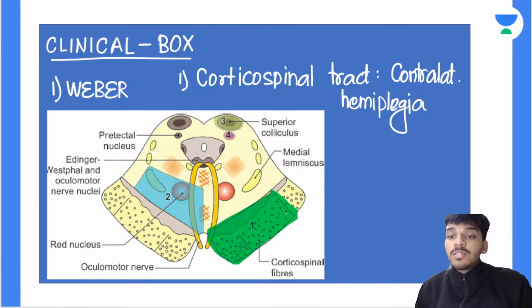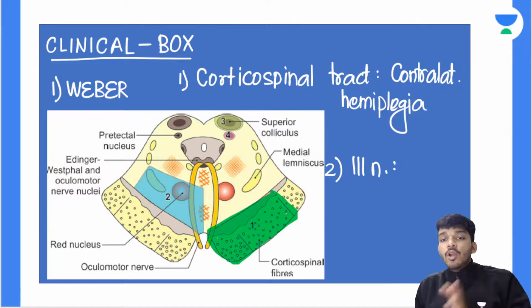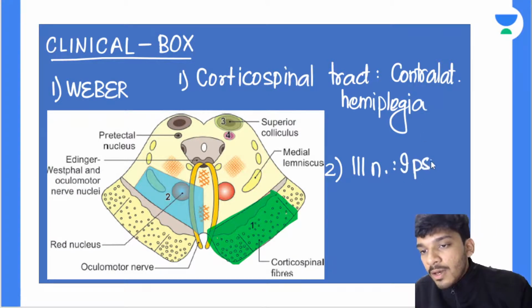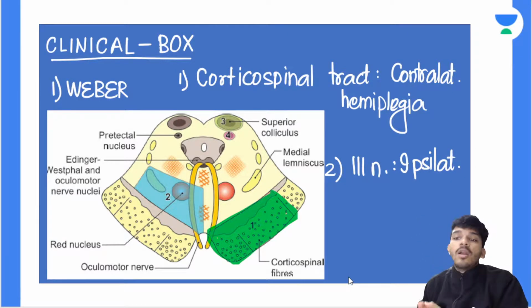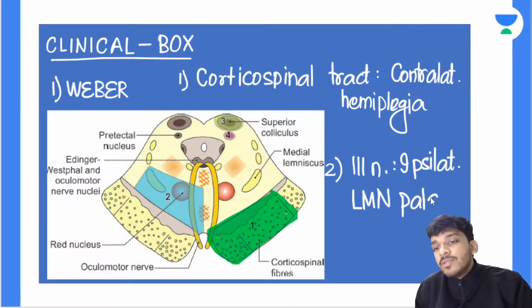Second, because the oculomotor nerve is damaged, and the oculomotor nerve, you all know, is a lower motor neuron, you will have ipsilateral lower motor neuron palsy. Why ipsilateral? Because now you are at the level of the lower motor neuron after the decussation. It's not the corticobulbar tract, so it's going to be an ipsilateral lower motor neuron palsy of the oculomotor.